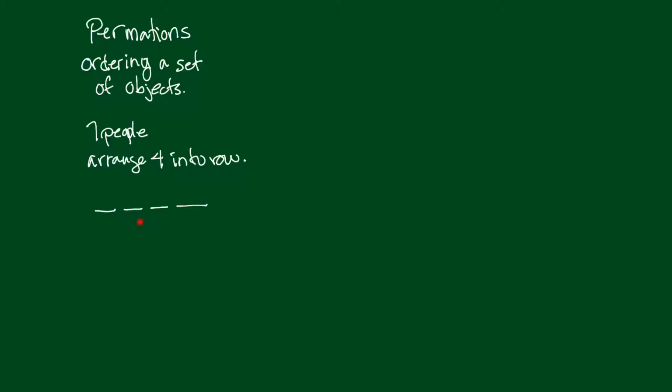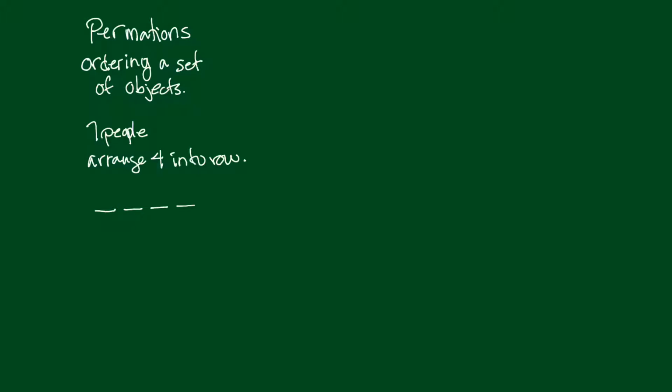As you look left to right, you see the person on the left, then the second, then the third, and then the person on the right. So out of the 7 people, what we want to do is take 4 of them and put them into an arrangement. So we could have person A, B, C, D, or B, C, D, F, or B, A, D, C, something like that.